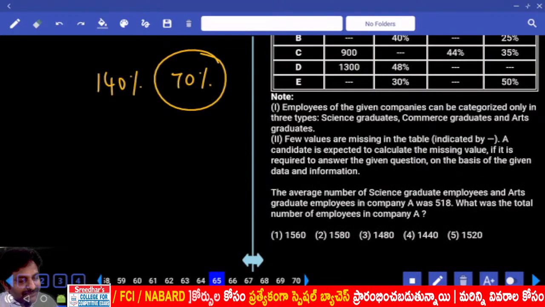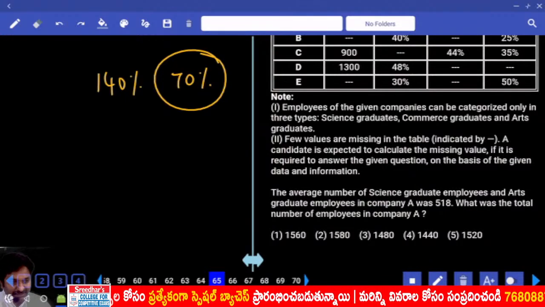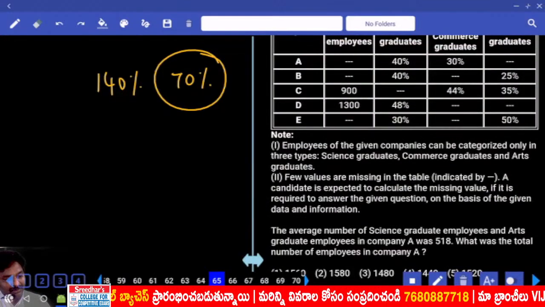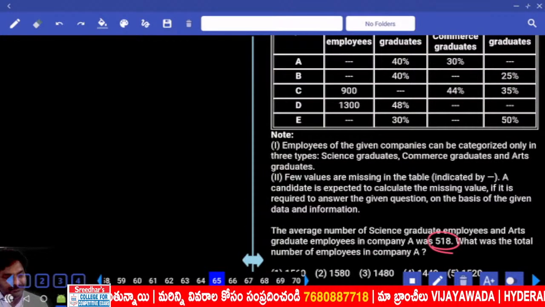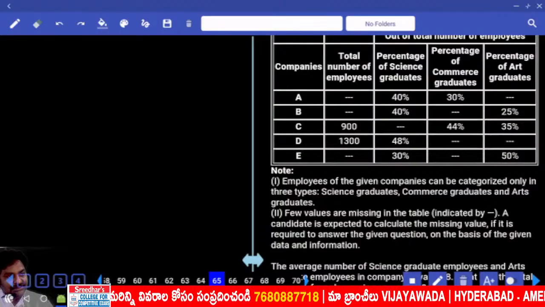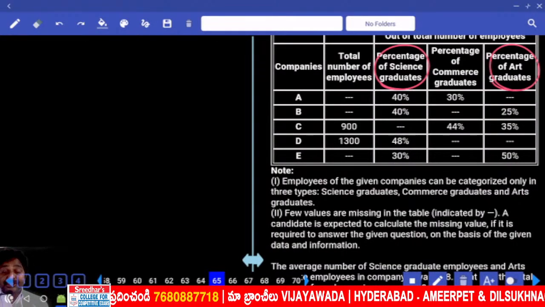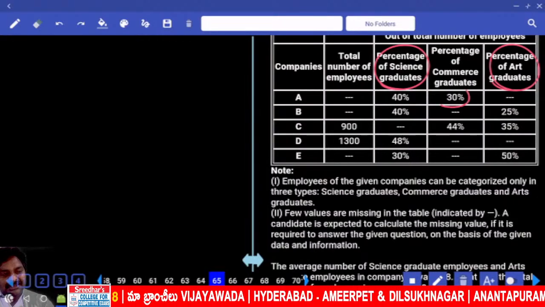The average number of science graduate employees and arts graduate employees in A was 518. What was the total number of employees in company A? Average of science and arts. Science and arts. Which is not required now out of three streams? What is commerce?